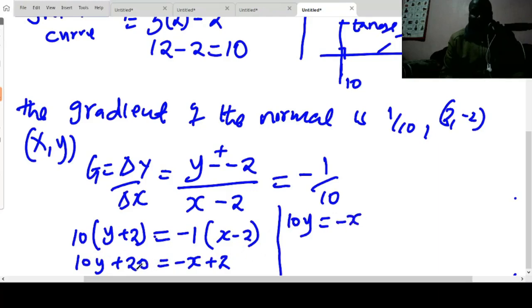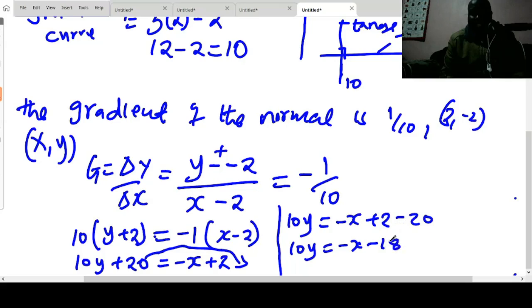Bring this 20 from the left side to the right side, and the sign changes, so it becomes plus 2 minus 20. So 10y is equal to negative x, 2 minus 20, the answer should be minus 18.